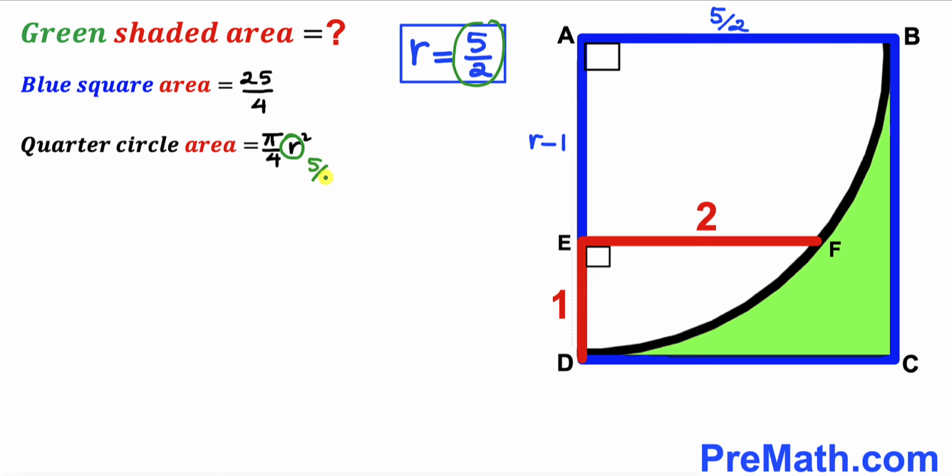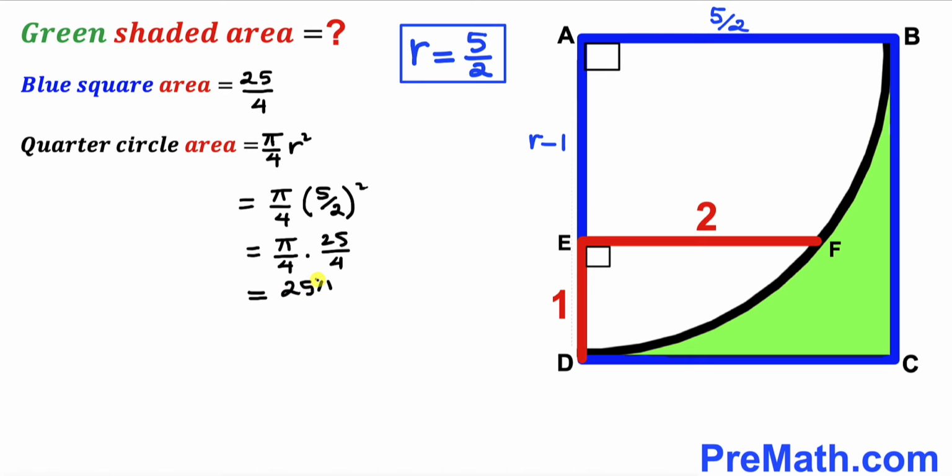We get pi divided by 4 times 5 divided by 2 whole square, which is equal to pi divided by 4 times 25 divided by 4, and that is equal to 25 pi divided by 16.